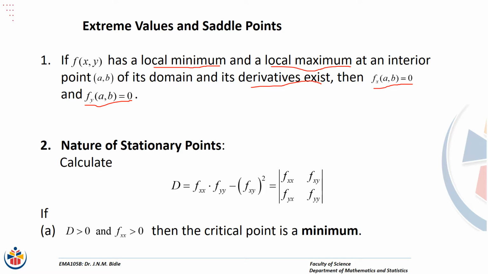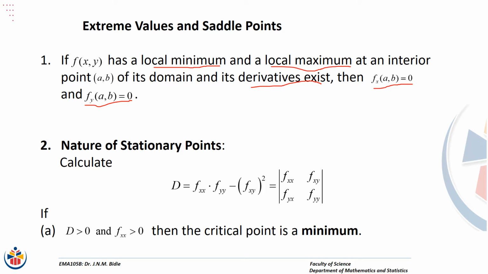Now, how then do you determine which one is maximum and which one is minimum? Number 2 is talking about the nature of the stationary points.